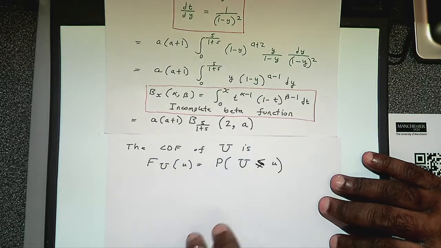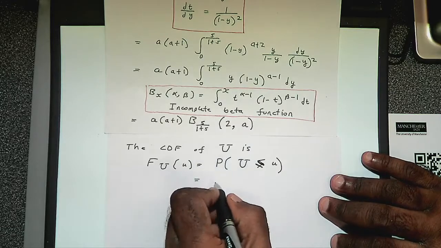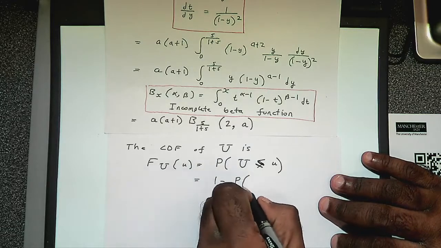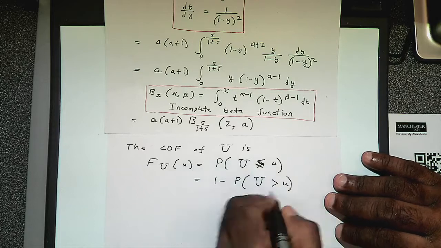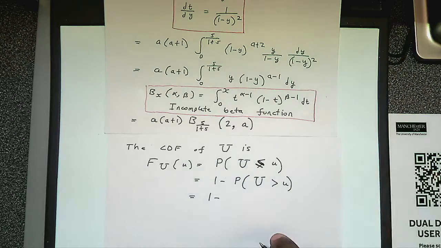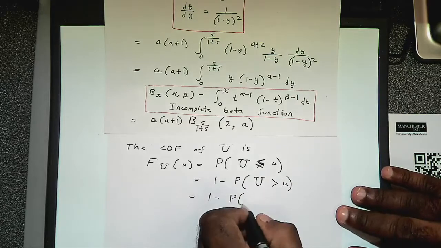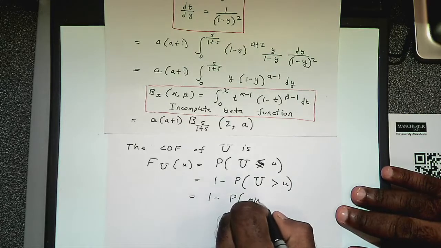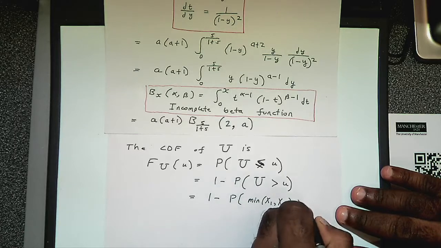Okay, this is the CDF by definition. Now you can write this as 1 minus the probability that capital U is greater than U, and this is 1 minus the probability that the minimum of x1 comma x2 is greater than U.